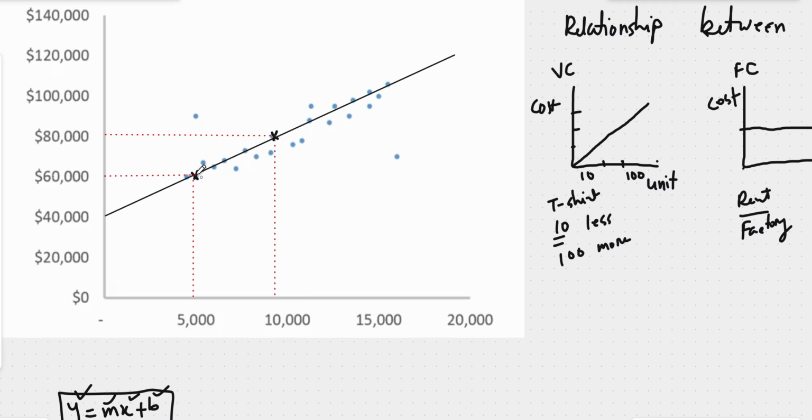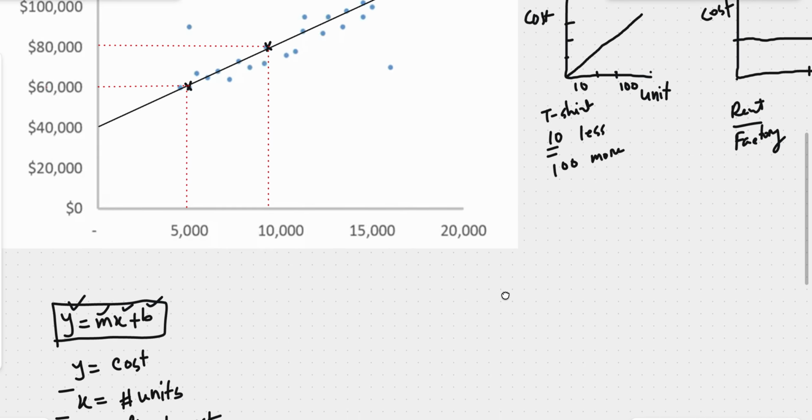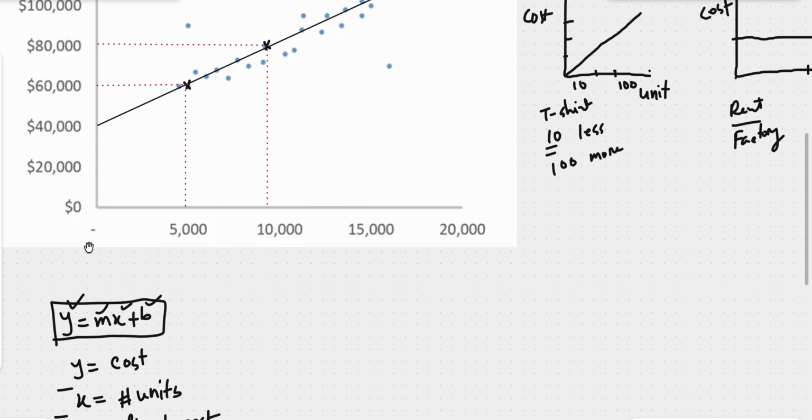All right, now that we have the points we need for our slope, we can write our M. M is the variable cost.